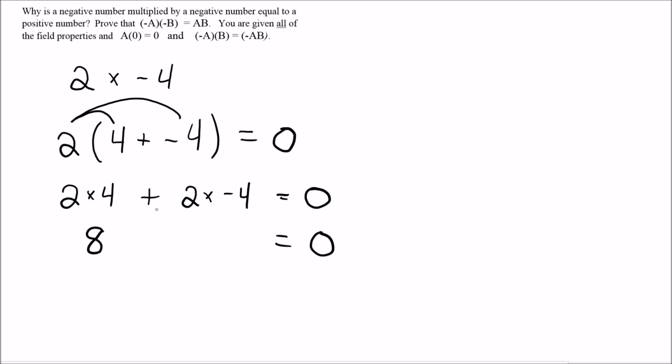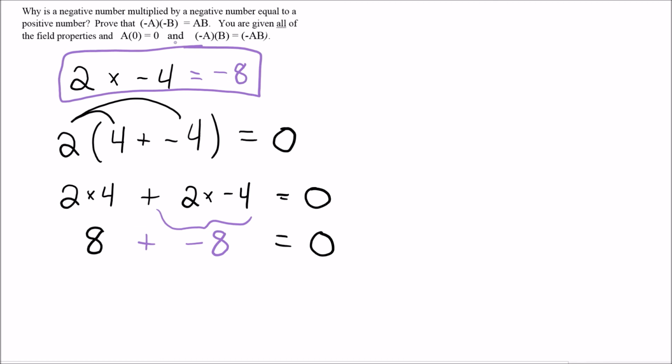So then I have to know that 2 times negative 4, the only way I could get 0 here is if it was equal to negative 8. 8 plus negative 8 would be 0. So I've just shown now that 2 times negative 4 is negative 8. So a positive times a negative is going to give us a negative number.